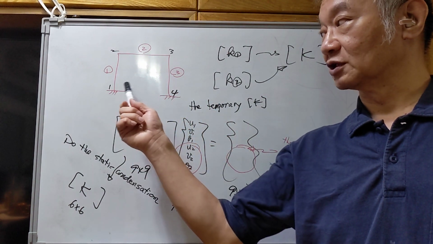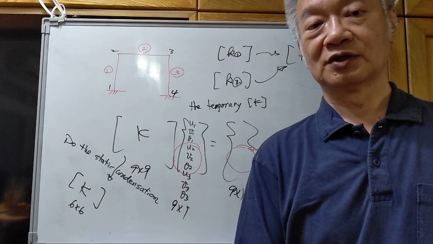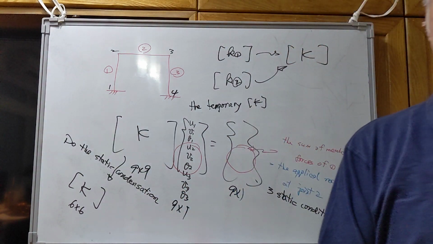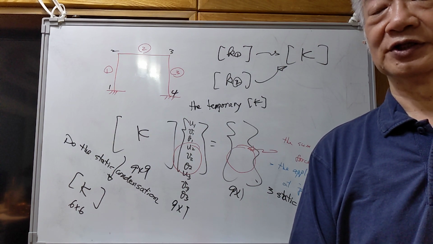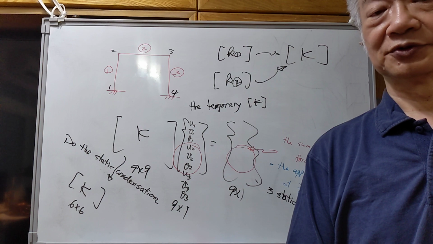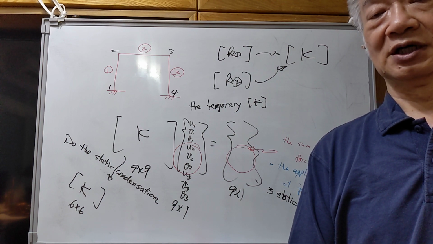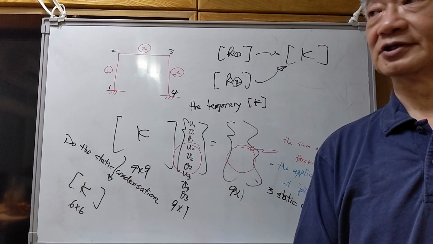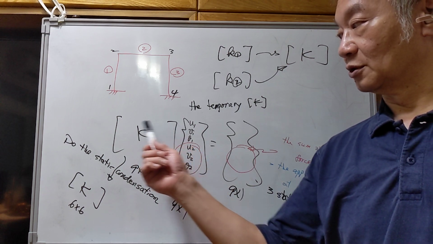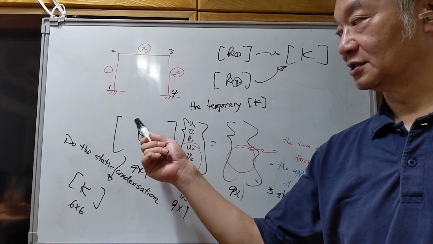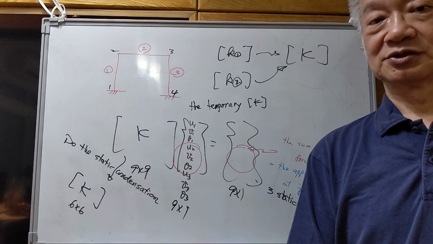And even for joint 1, since the nodal degrees of freedom are related to the boundary conditions, you can use the basic method to handle the rigid joints. Then you can eliminate the three degrees of freedom.